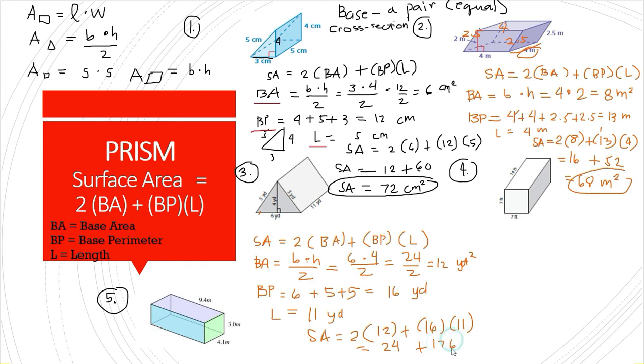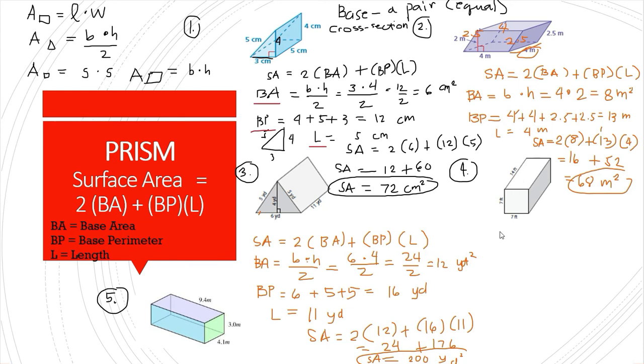So 176, add them up. 176 plus 24 is actually equal to 200. So our surface area is 200 square yard. Need to put the square yard here. So surface area.